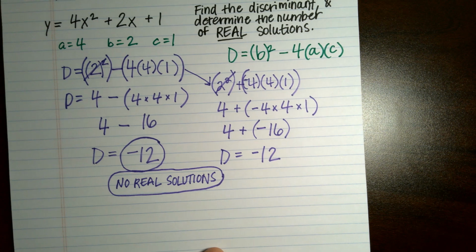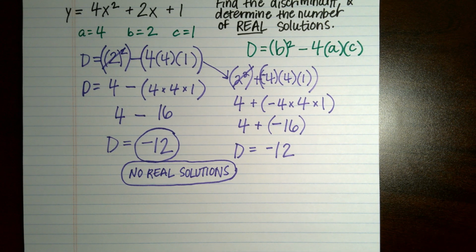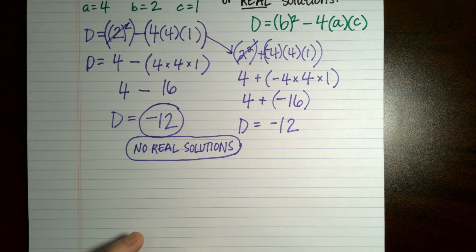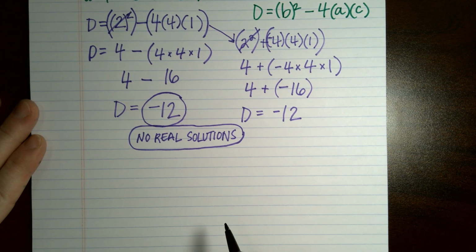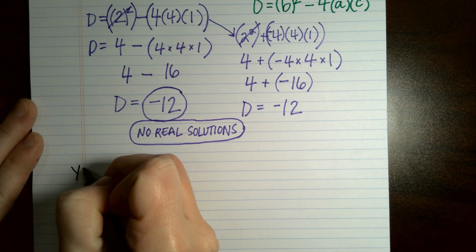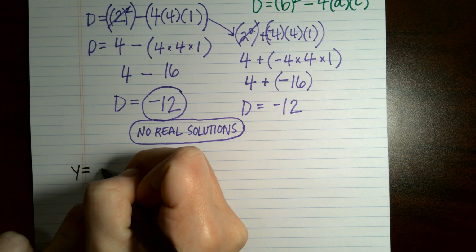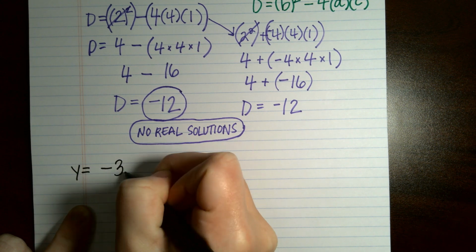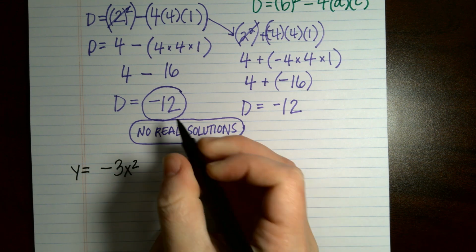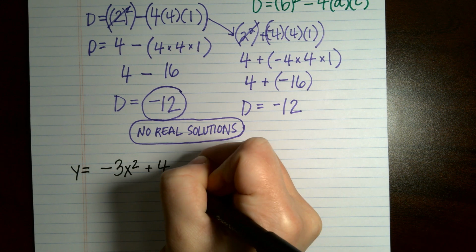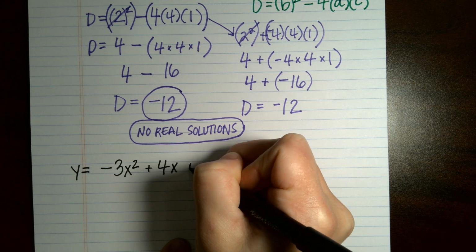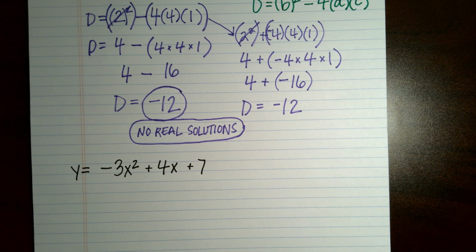Okay, let's try the negative A and see what happens. So for the next example, we'll do y equals -3x squared plus 4x plus 7.